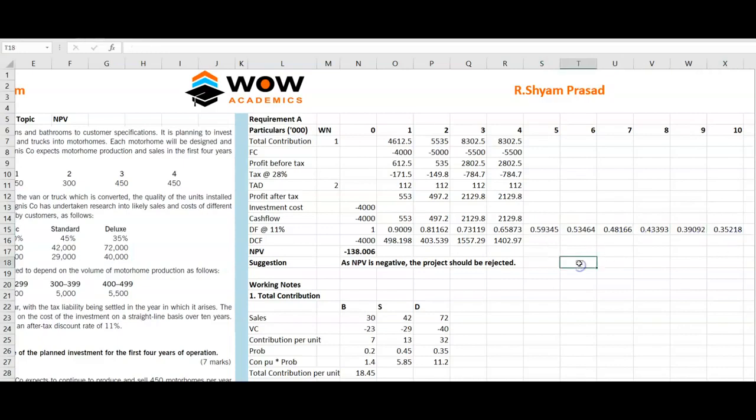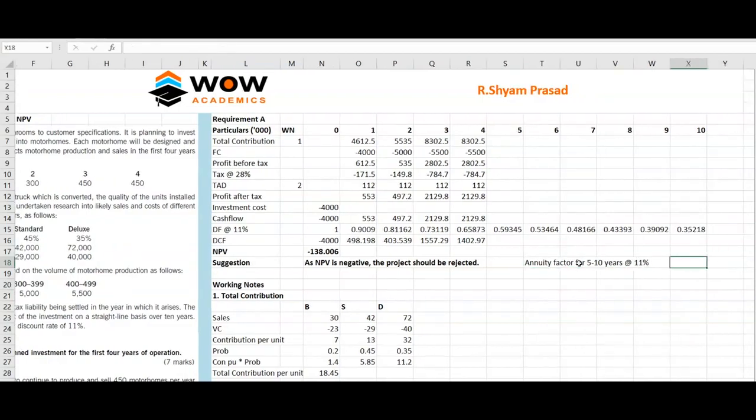When you add all of this, you get the annuity factor for 5 to 10 years at 11%.